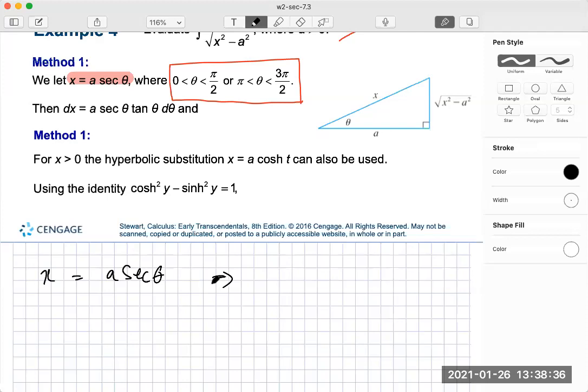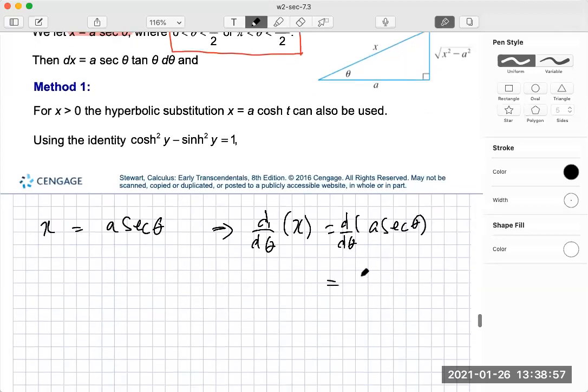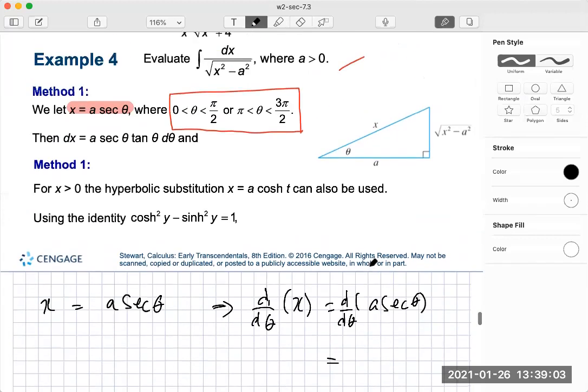We take the derivative of both sides with respect to theta. The left-hand side is the derivative of x. The right-hand side, what is it? a is a number, right?